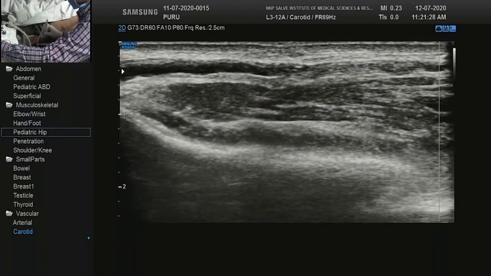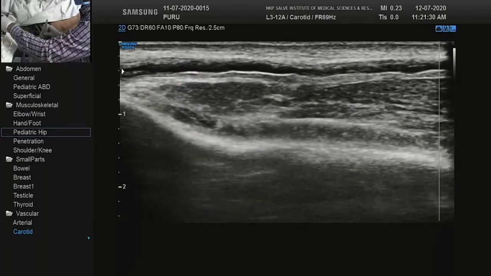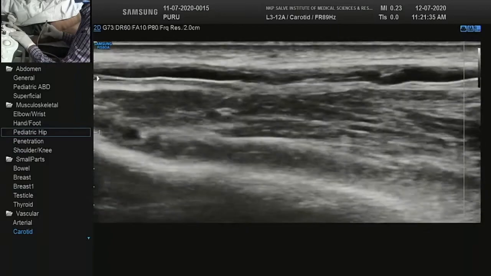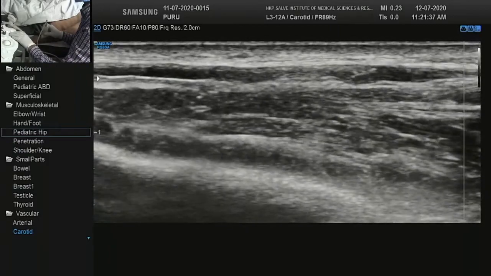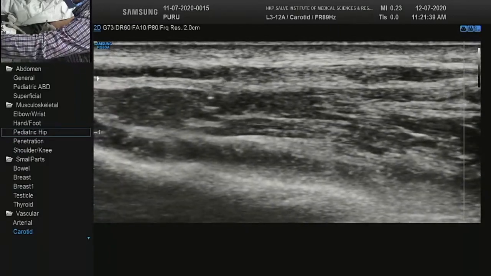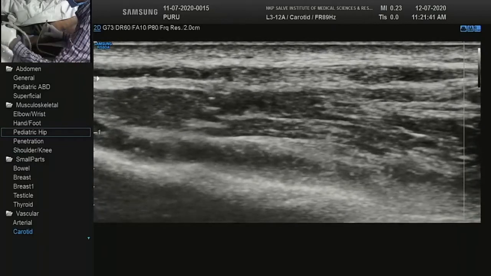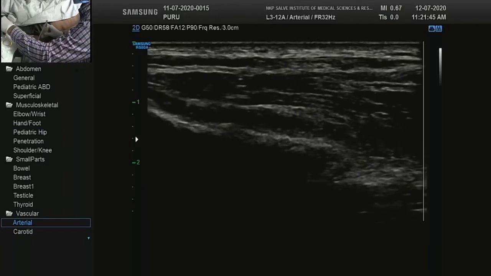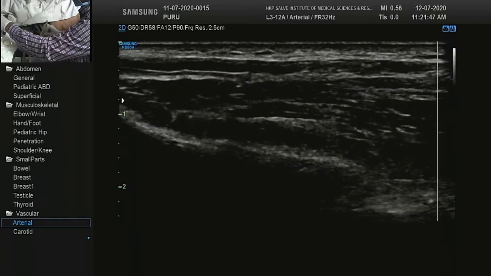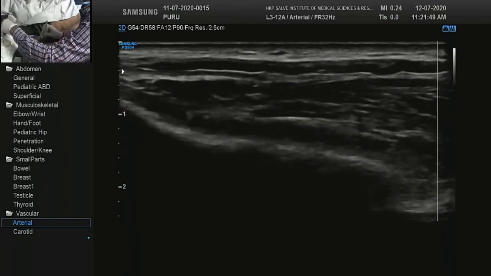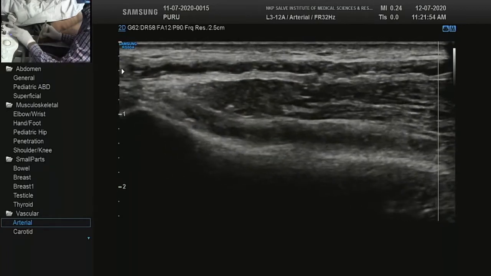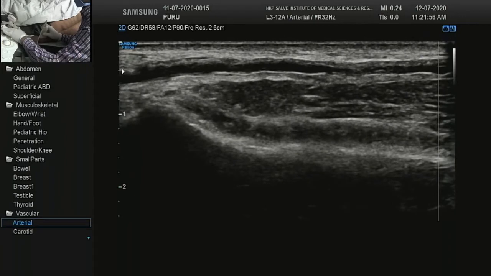I'll reduce the focus, get the depth right, and see the artery. We'll just change our setting. We are still in carotid. We'll move to arterial and try to see if we can see it in a better way. Magnify our image. Now see it better.